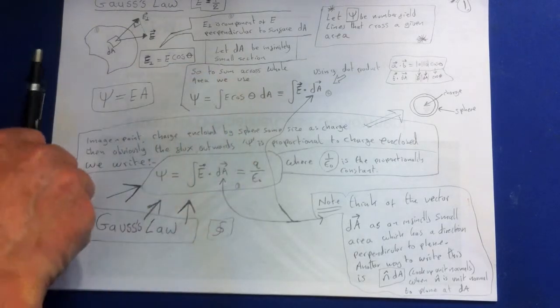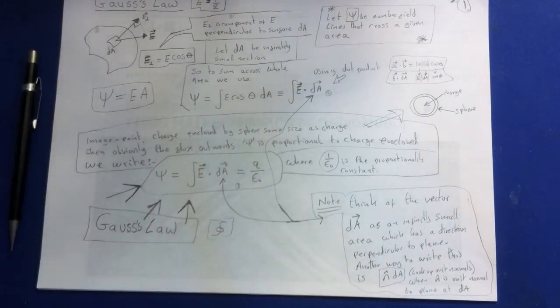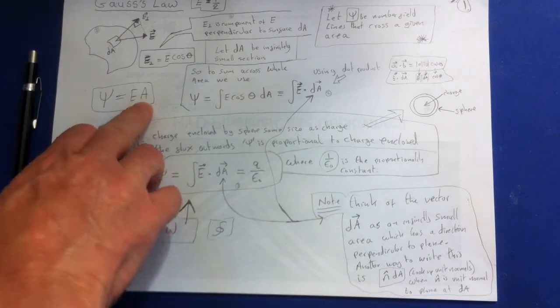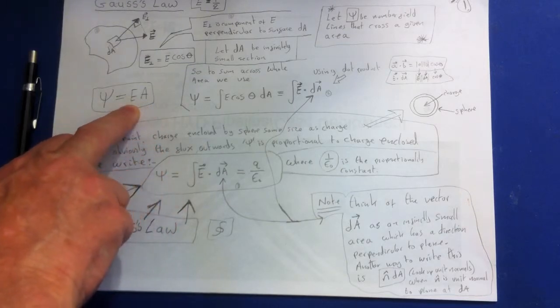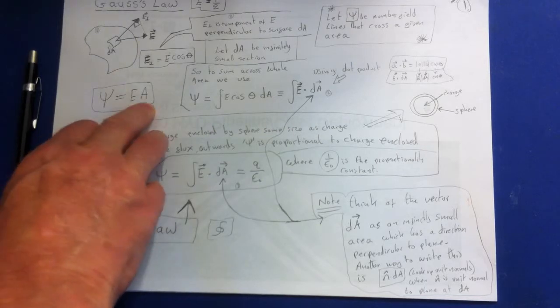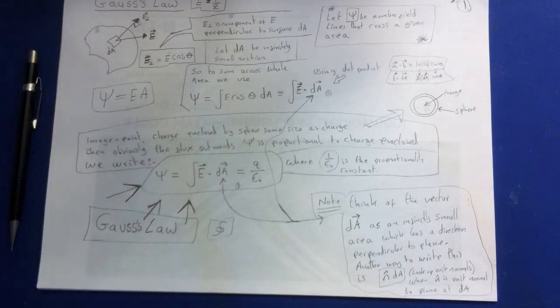Because obviously then we've got a uniform field which is completely parallel to the unit vector of the surface area. So then all we have to do is multiply the vector field E by the area. But that's only in the condition when the field is uniform and perpendicular to the area that it's going through.